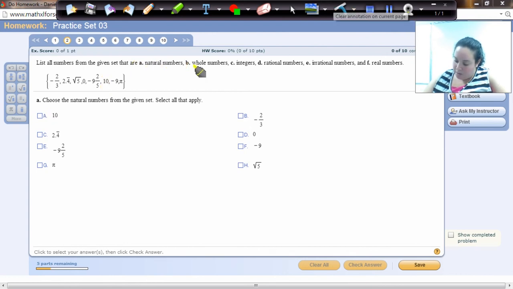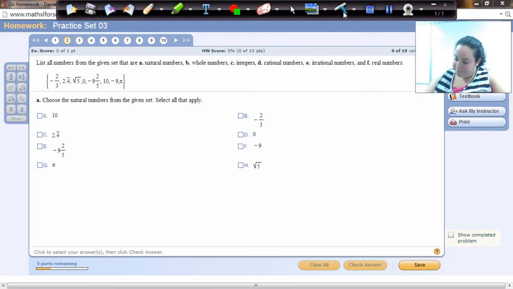All right, great. What about the whole numbers? Whole numbers are going to be natural numbers, so all the natural numbers, and 0. All right, great. What about the integers? The integers include all of the natural numbers and the whole numbers, and it includes the negatives. So here's a negative.